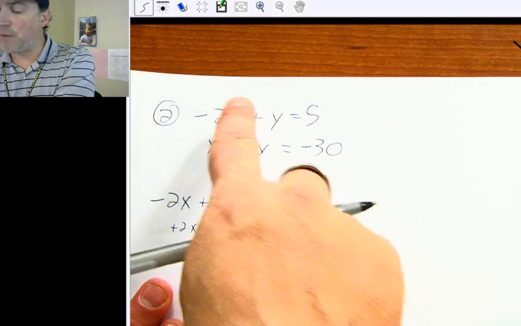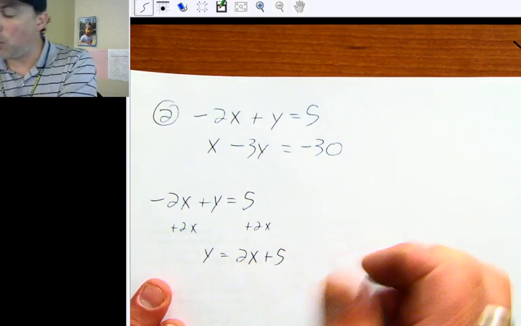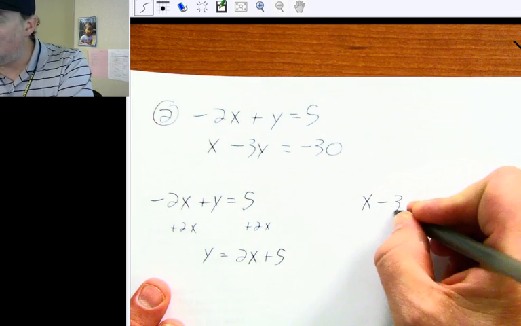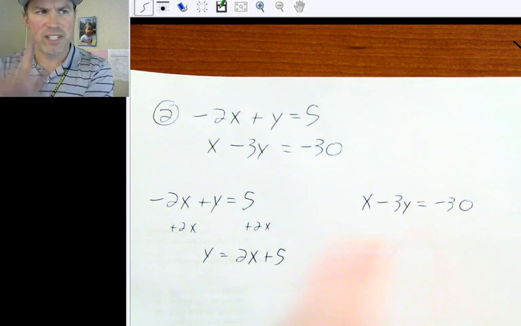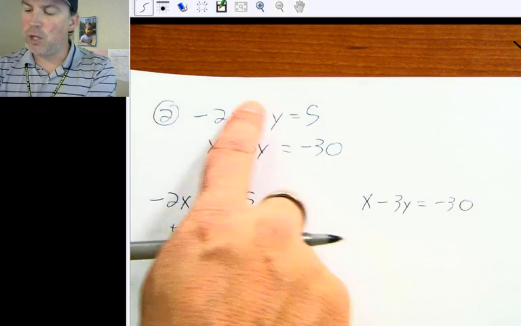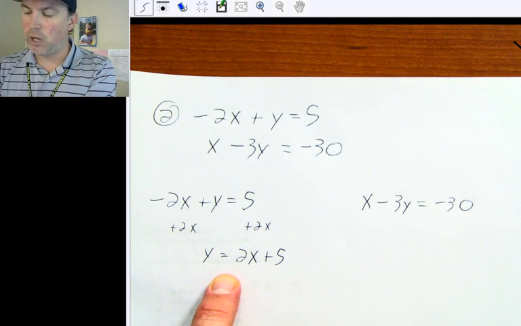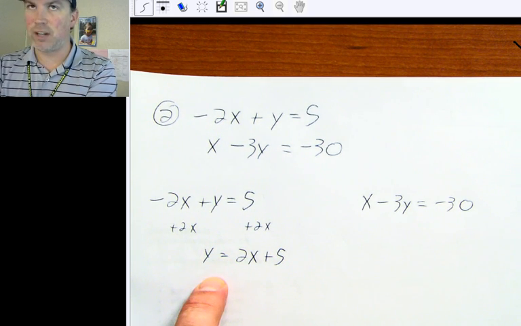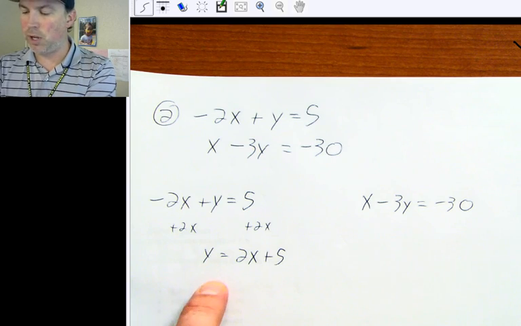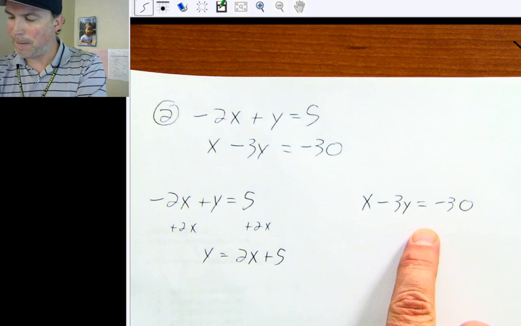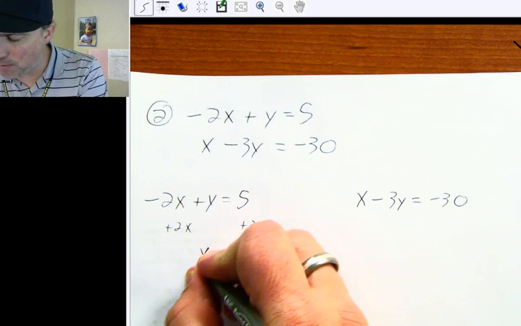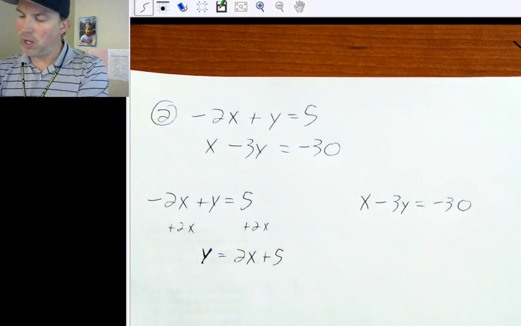Now, if you use the first equation to solve for one of those variables, you must use the second equation in the next step. Let me say that a second time: if you use the first equation to solve for a variable, you must use the second equation on this next step. And now we're going to pull off the substitution.